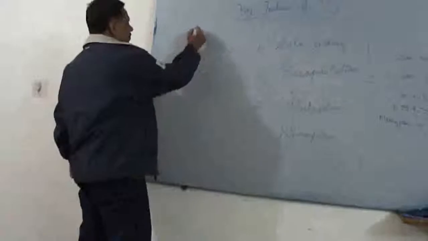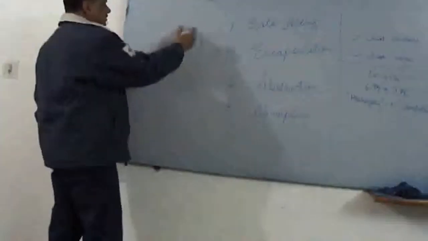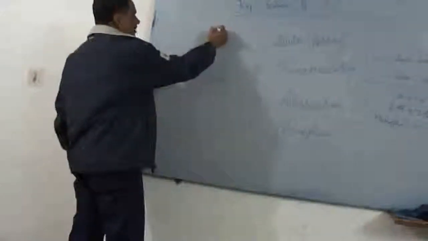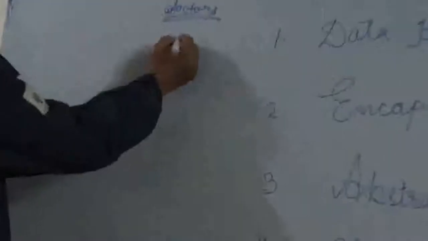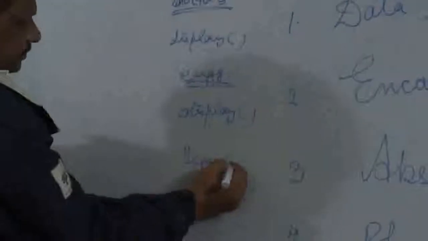Suppose we have got different classes. Suppose there is a doctor's class, and in it I have a function, say display. The same function display is also in the engineer's class, and also in, suppose, the scientist class.